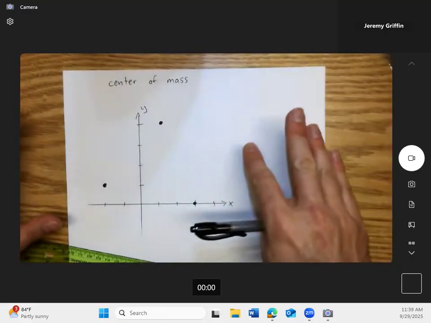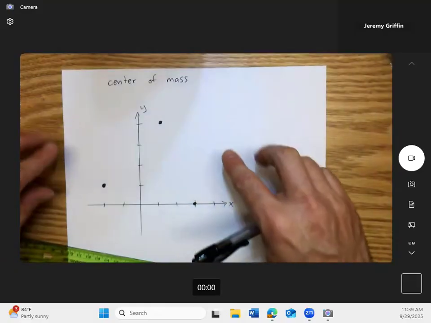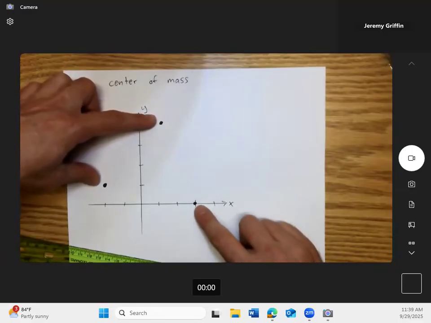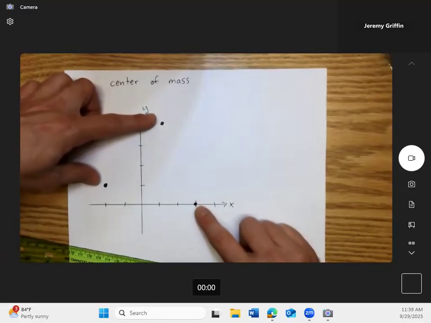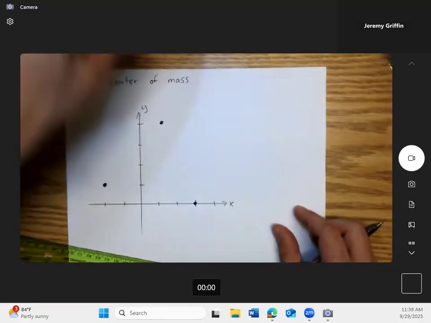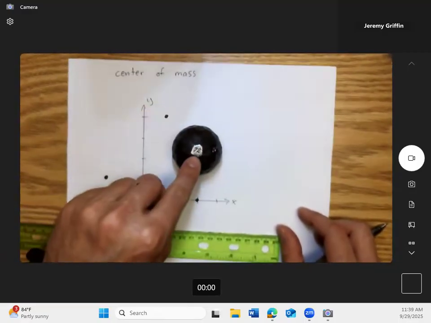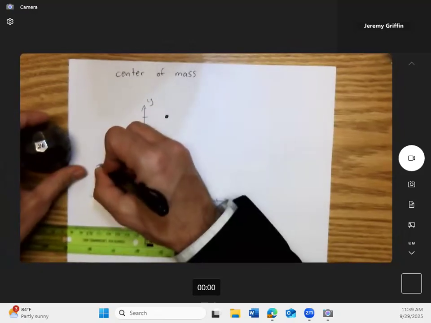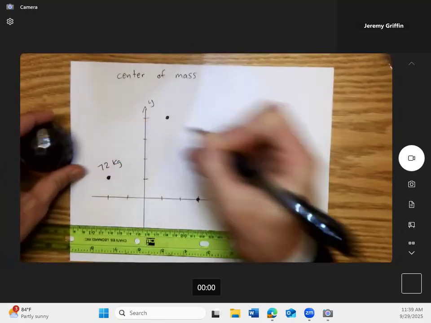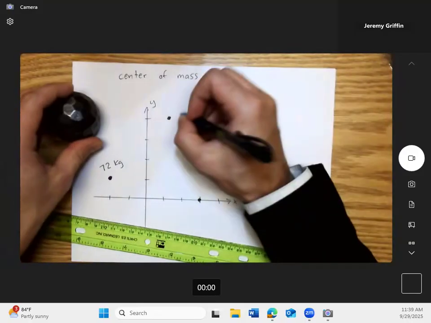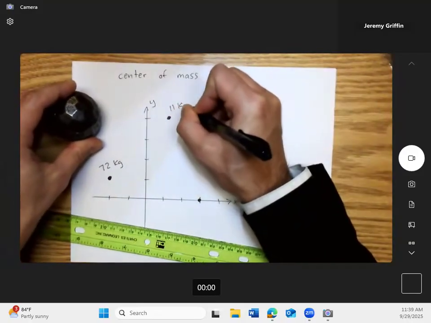Could it be that these are all glued to a giant foam board? Maybe they're really, really heavy compared to the foam board, so the foam board is negligible itself. But these three masses, let's do random number generator: 72. So let's have this guy as 72 kilograms. Next is 11 kilograms.